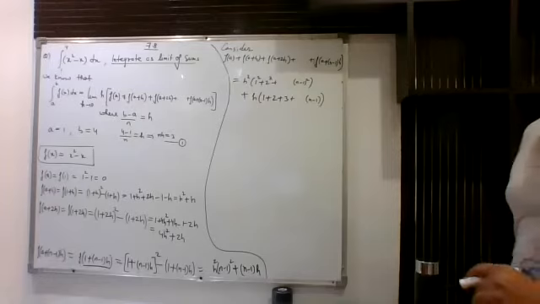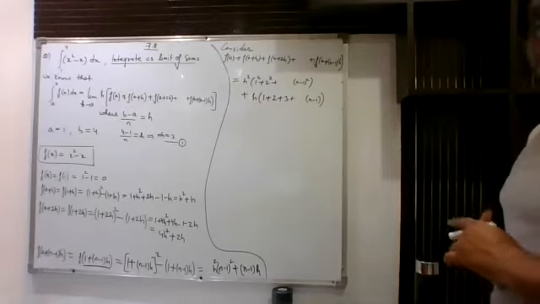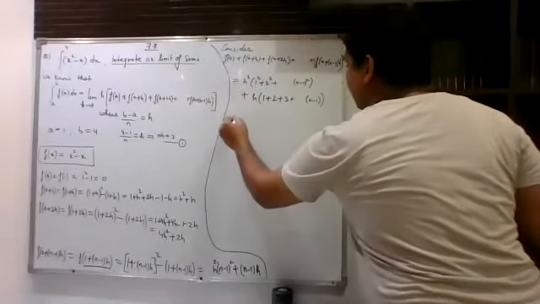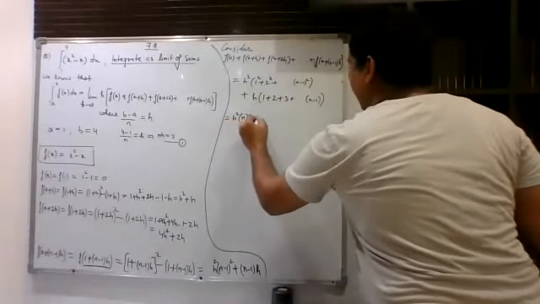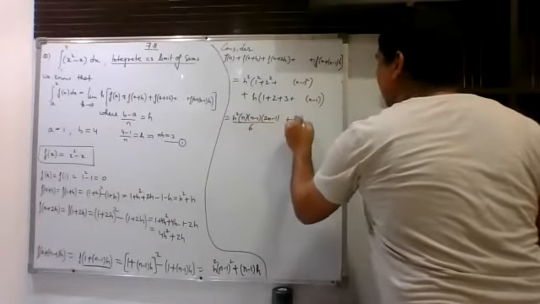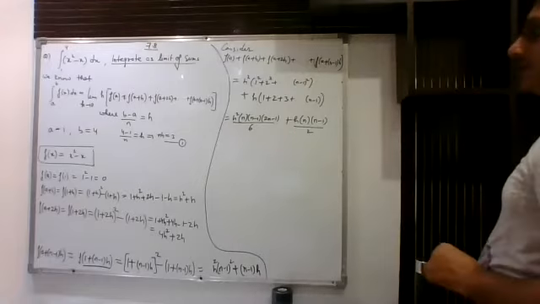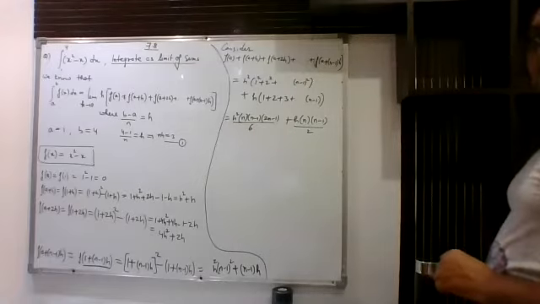After this, we will apply those formulas which we had written. We need to apply formula number 1 and 2. When you apply those formulas, we can rewrite this as (n minus 1)(2n minus 1) divided by 6 plus (n minus 1) divided by 2, because of formula number 1 and 2.